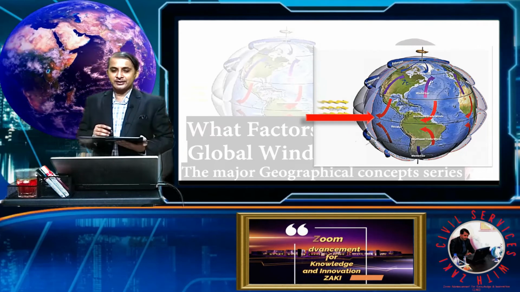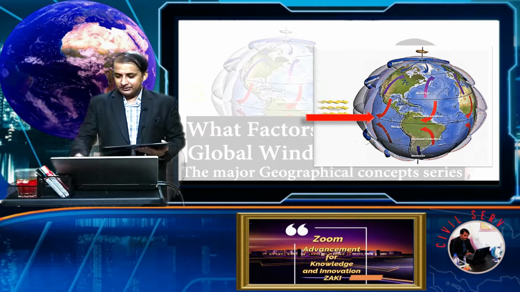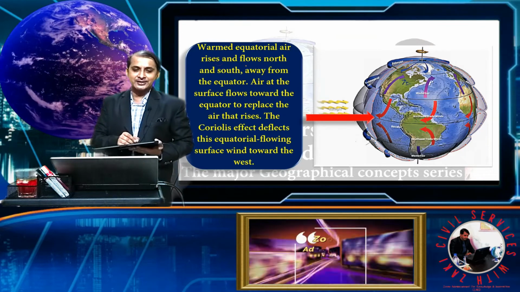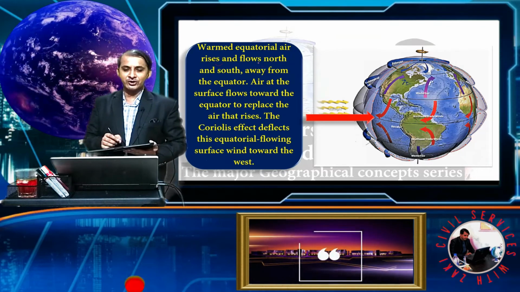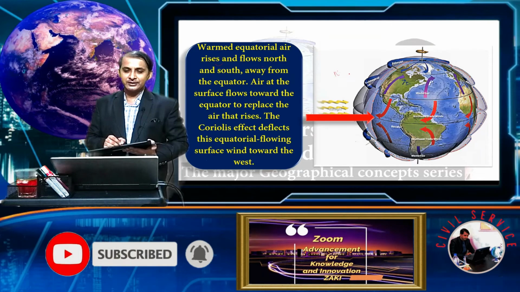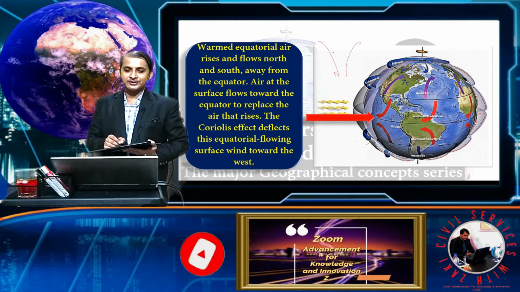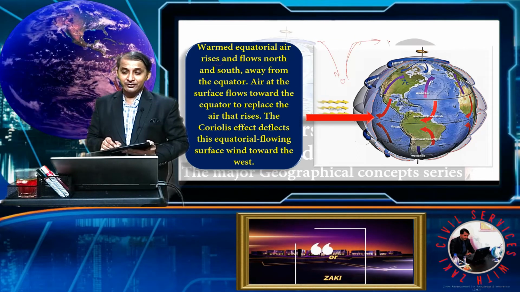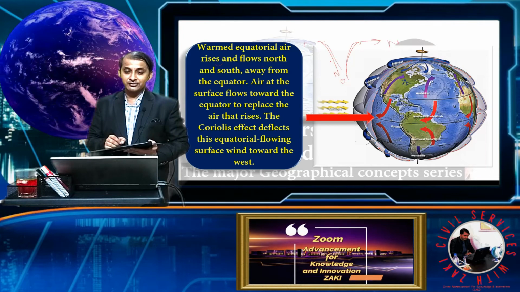After that, the wind at the equator: equatorial air warms, rises and flows to the north or south. Where there is low pressure, the winds diverge. So at the equator they diverge either north or south of the equator.